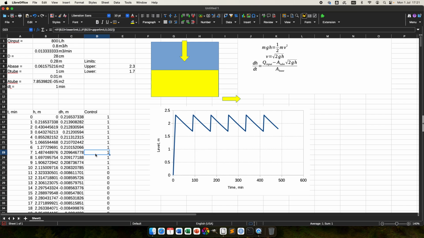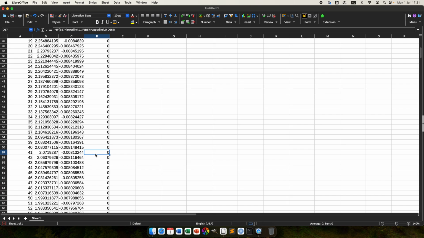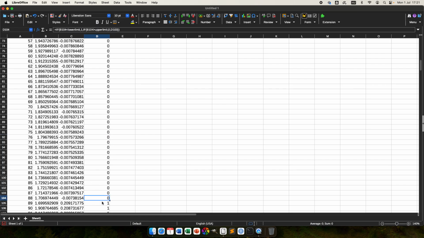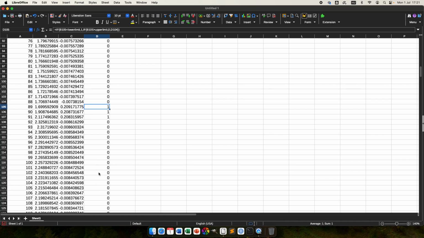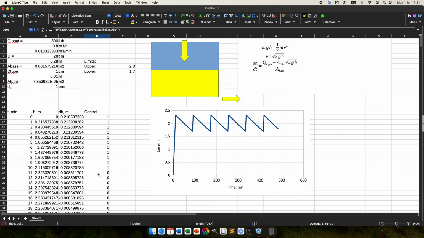The height is increasing, and when it goes below 1.7, it is turning on again, for a very short time, because the input stream is filling very fast. So you can see that only for a short time it is done.